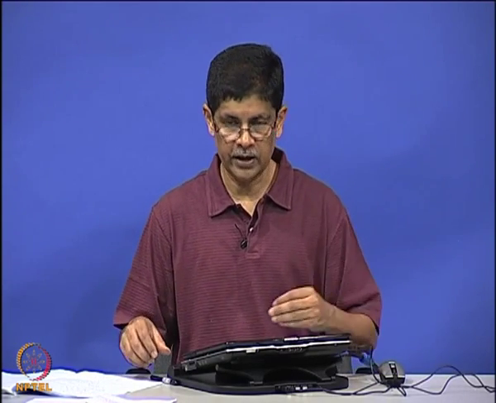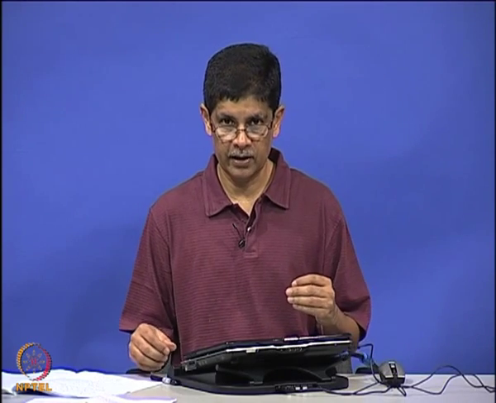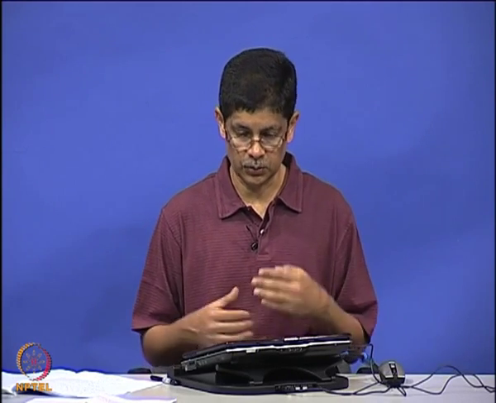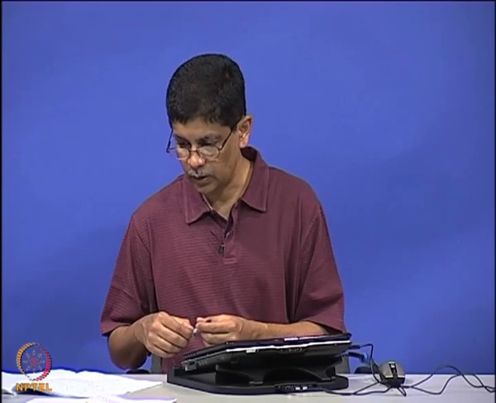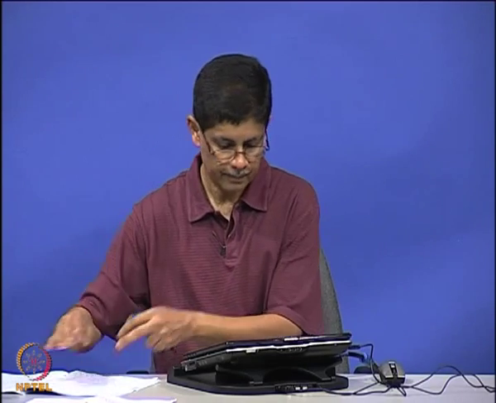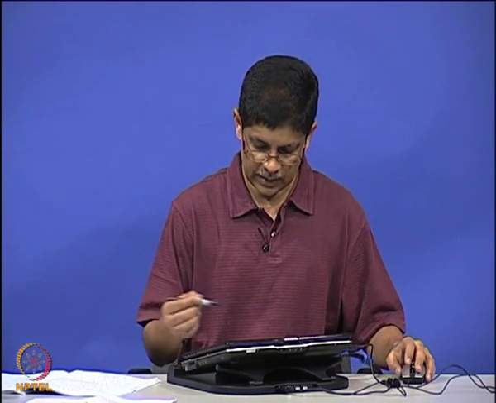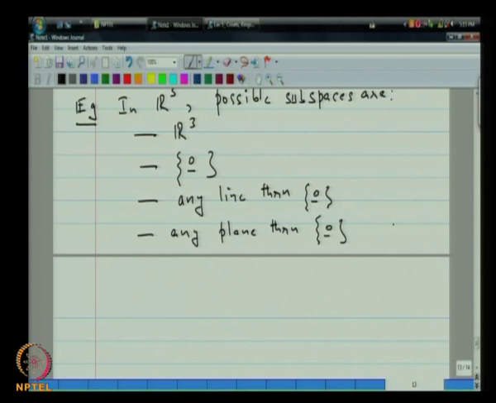To these subspaces also you can ascribe dimensions. So, each of the four items that we have listed corresponds to a different dimension. R3 is 3-dimensional, the 0 vector is of dimension 0, any line is dimension 1, any plane is dimension 2. Okay. So, that is why these are the only kinds of subspaces. Again, I am going to leave it to you to verify that they are indeed subspaces.